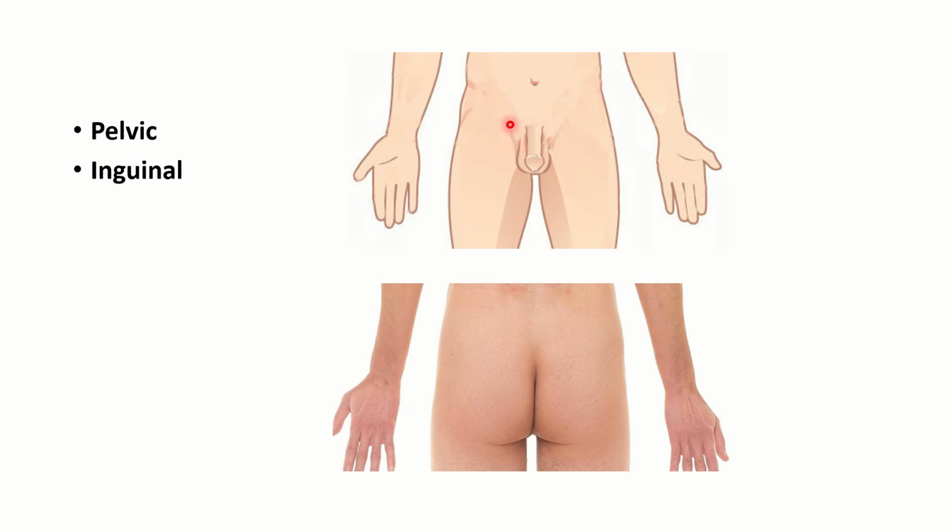Inguinal is this area. This area. Pubic is just above the genitalia. Lumbar is the lower back. And the gluteal is the buttock area.